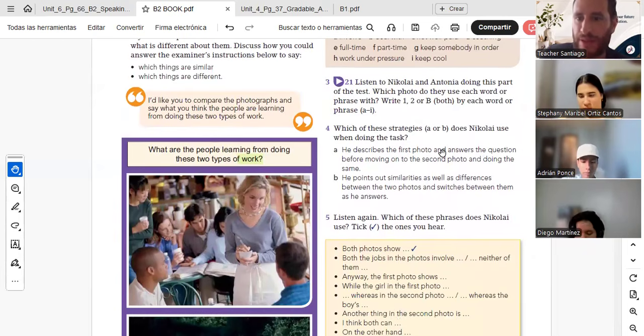Let's read it. He described the first photo and answered the question before moving on to the second photo and doing the same. He pointed out similarities as well as differences between the two photos and switches between them, and he answers. So let's listen. Let me see, guys. I have the audio here. Sorry, give me a moment, guys.